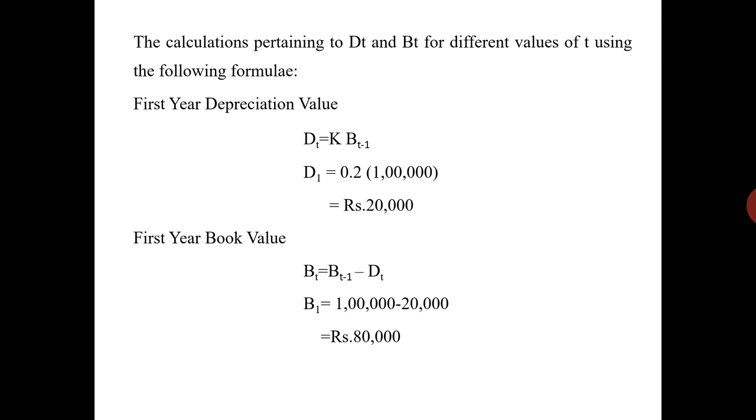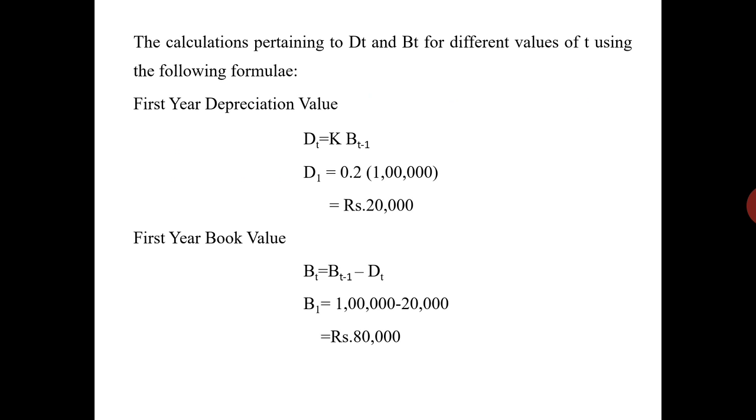The formula for depreciation value is mentioned in the slide. Substituting the values, D1 equals 0.2 into 1 lakh. The 1 lakh is the initial cost of the equipment, that is the 0th year book value. Finally we get depreciation amount D1 equal to rupees 20,000.